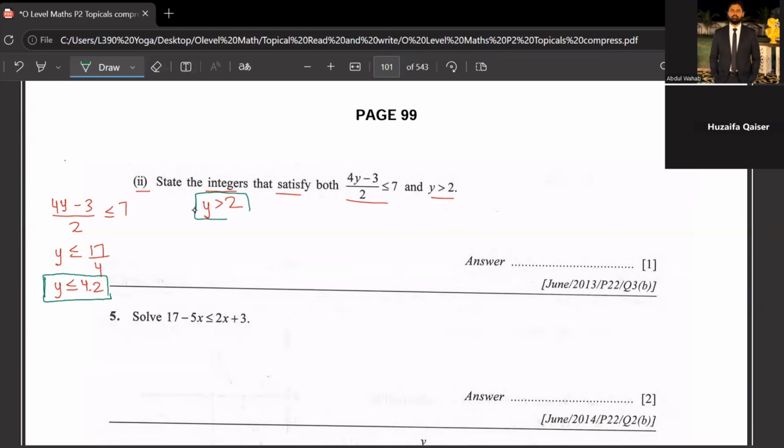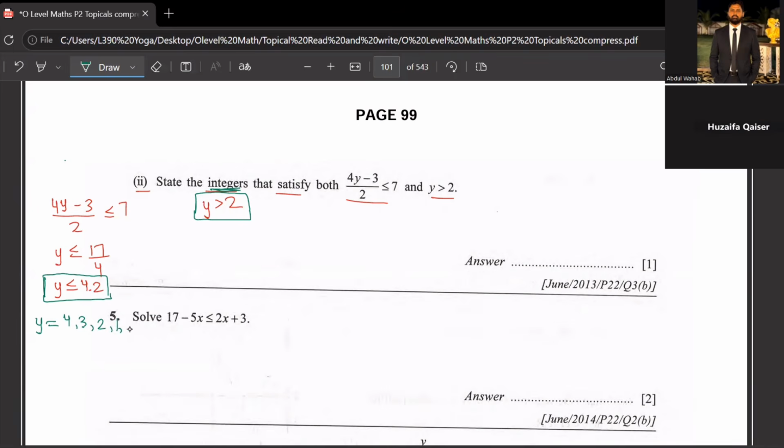We need to write the integer values, not the decimal values. Integer values of y which satisfy both inequalities. So, state the integers that satisfy both inequalities. It means more than one value exists. If I say the values less than or equal to 4.2, you can say y is 4, 3, 2, 1.